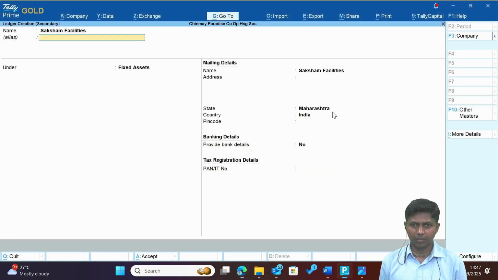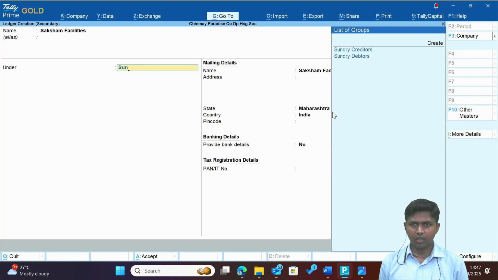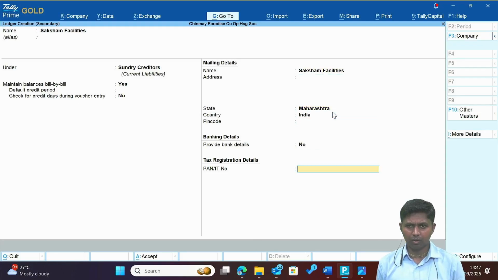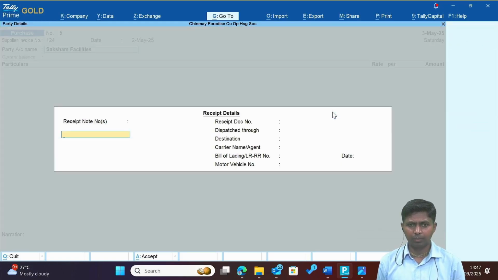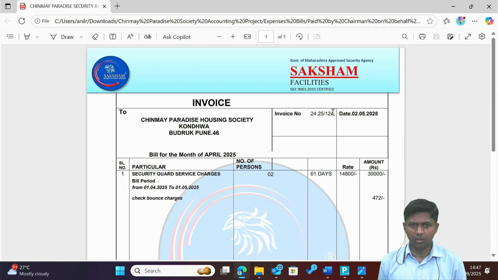Okay, Saksham Facilities. Then after this, under sundry creditors, bill by bill, you can say yes. Okay, accepted. No details. Then what is this? This is a security bill, security guard service charges.